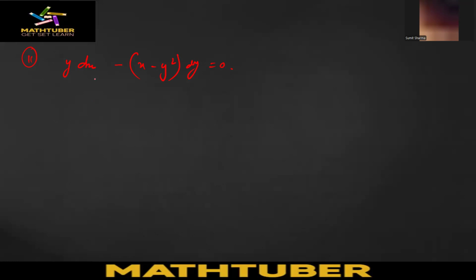If we take it as dy by dx, so y minus x minus y square into dy by dx is equal to 0. We have divided the whole equation by dx.